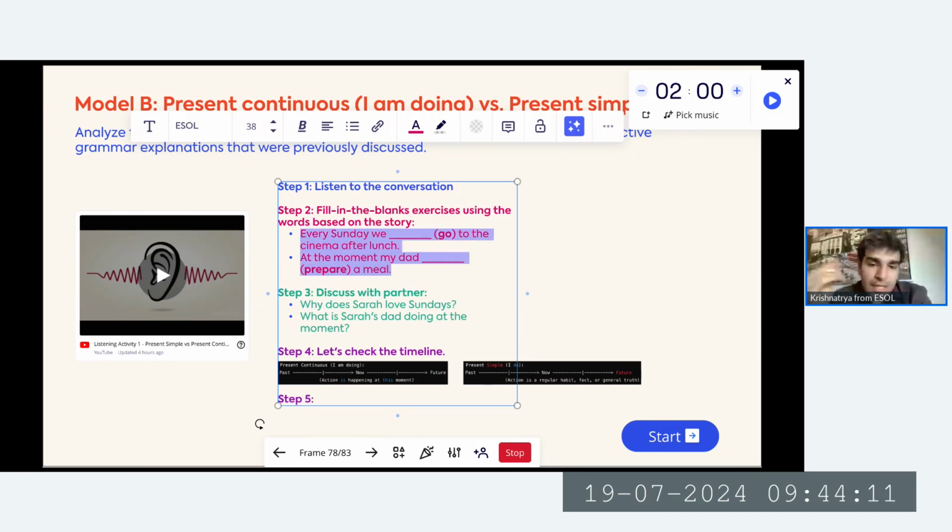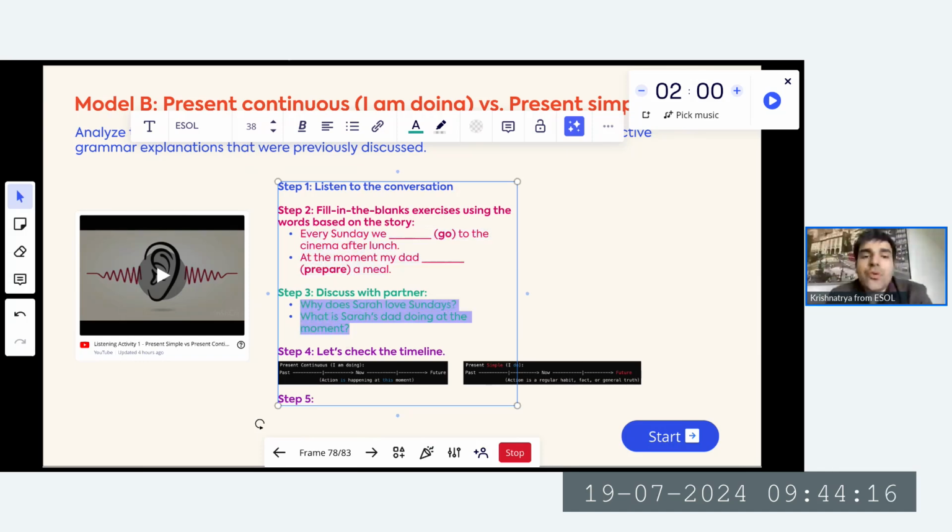Now, step number 3. Please answer these 2 questions with your partners. I'm going to put them in pairs and I'm going to ask them, focus on the steps of the lesson that I'm following. Number 1, I ask them group discussion. What did you do last Sunday? I made them talk. Number 2, I activated their listening skills by asking them, listen to Sarah, tell me what is she doing this Sunday or whatever.